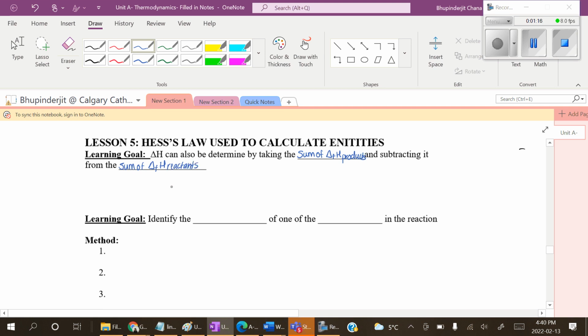The formula looks like this. Delta H of a reaction is equal to the sum of your delta H formation of your products minus the sum of your delta H formation of your reactants.